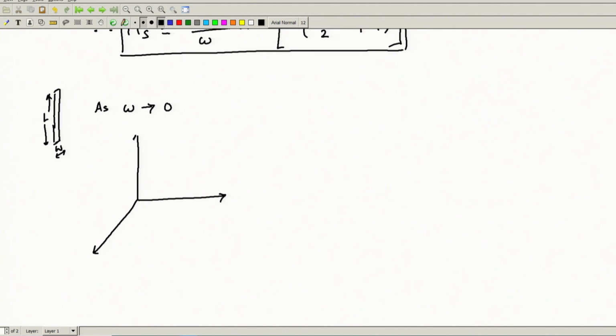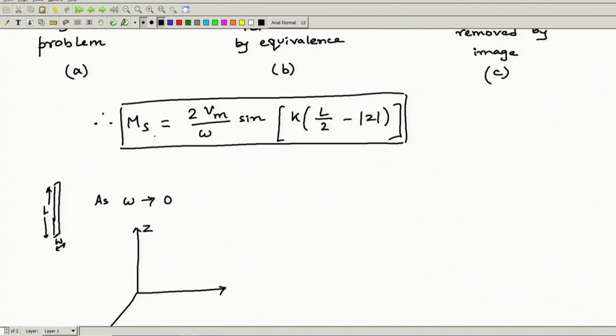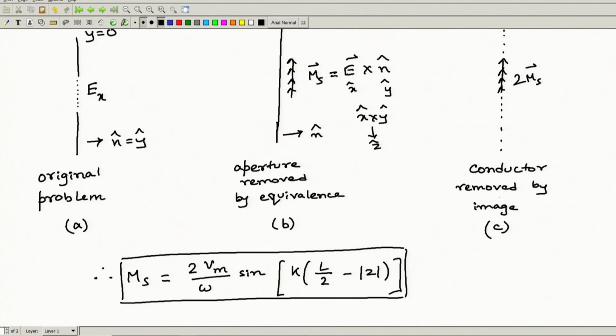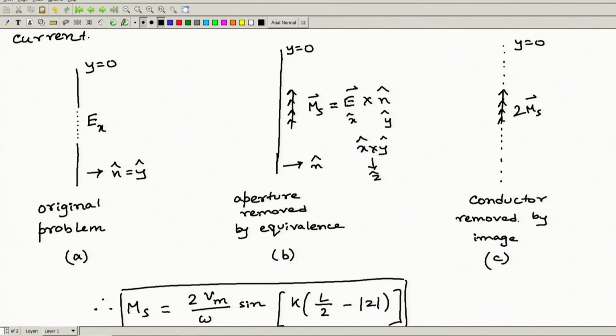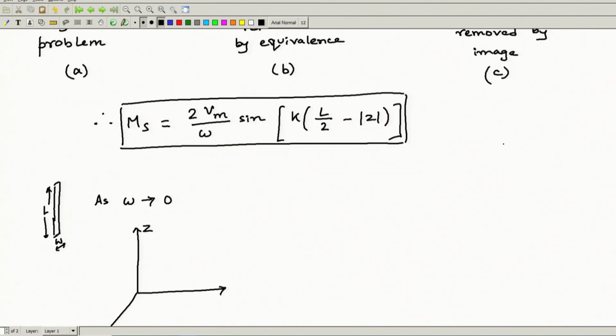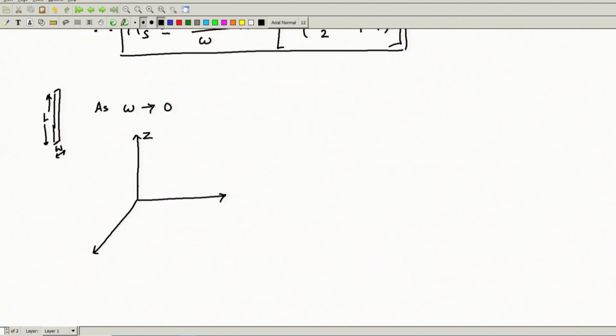So when we change the original problem to this state, when the conductor is removed by the image theory, we have 2 Ms. So this state we can draw like this. Basically we were having this as Z, this is Y, this is X, and this was 2 Ms.